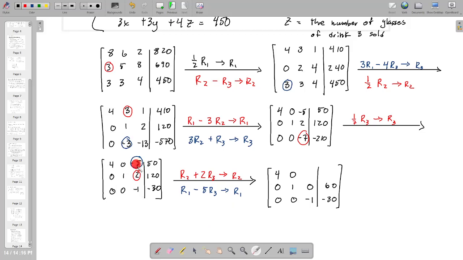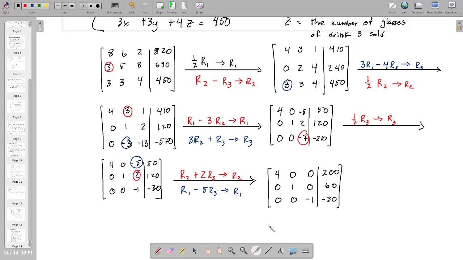So we have a negative 5 minus a negative 5 is 0. 50 minus 5 times negative 30. 5 times negative 30 is negative 150. 50 minus negative 150 is 200.